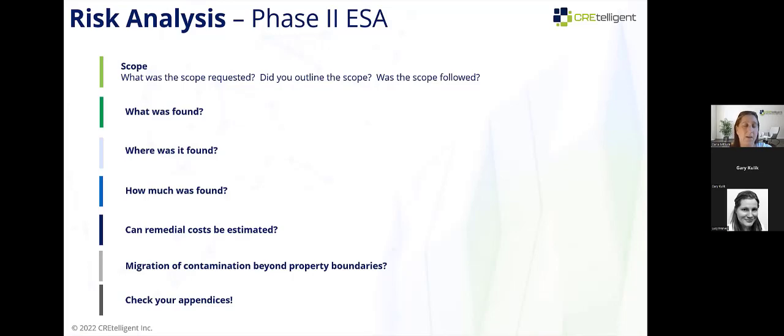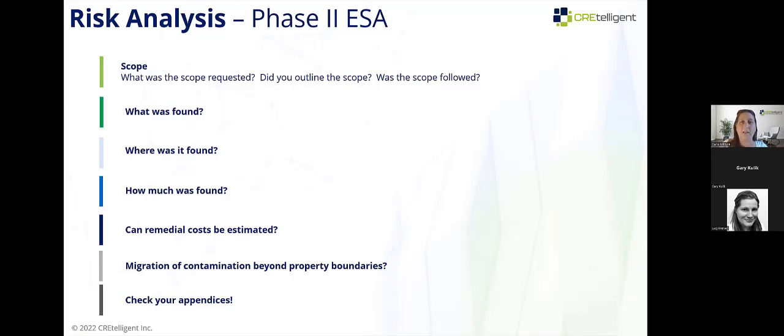And just like with any other report, check your appendices. It is not uncommon to have a decimal place in the wrong location. So you may be looking at your report and look at the lab data and realize that a decimal place was misplaced inside the report. You want to make sure that the concentrations being reported back to you are reflected correctly.